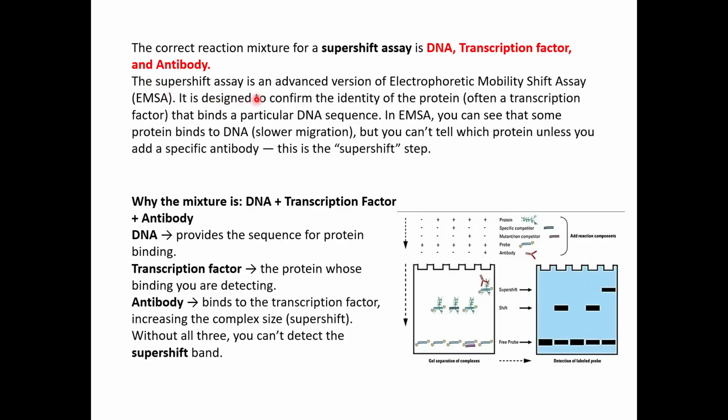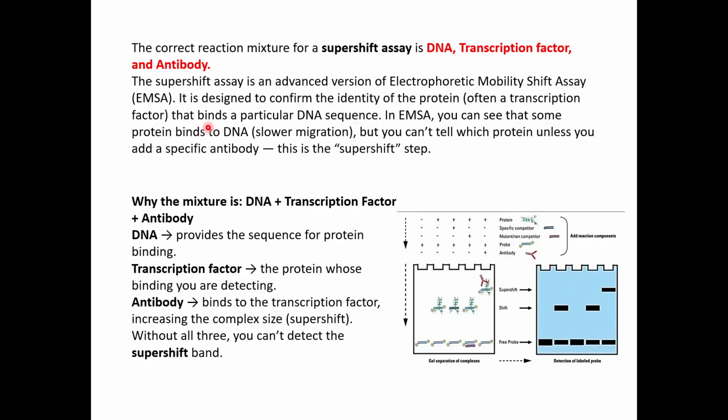The supershift assay is an advanced version of EMSA, the electrophoretic mobility shift assay. It is designed to confirm the identity of a protein, often a transcription factor, though not necessarily, but mostly for transcription factors because they bind specifically to the DNA.